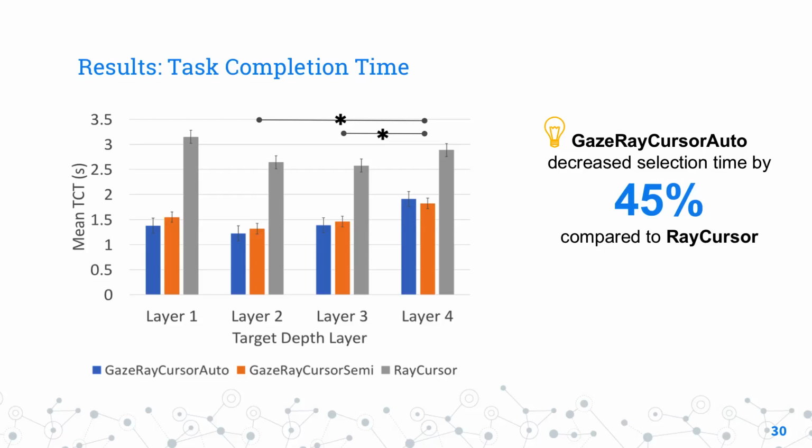In fact, GazeRayCursor Auto decreased selection time by 45% compared to RayCursor. There was actually no significant difference between the two GazeRayCursor variations, and this is quite a promising result because it shows that maybe the menu adjustment option is not needed for GazeRayCursor to just perform well time-wise.